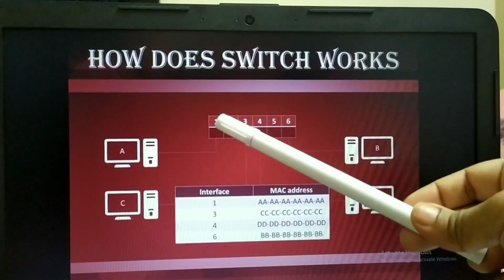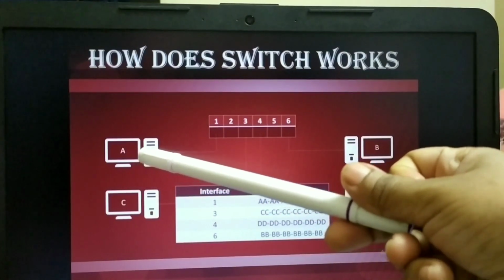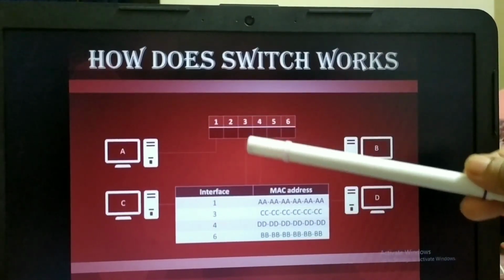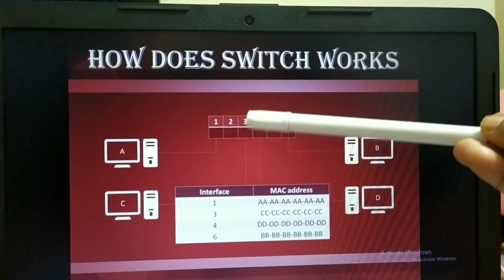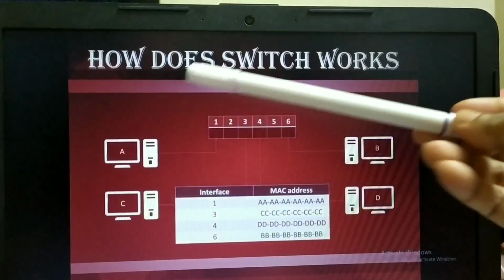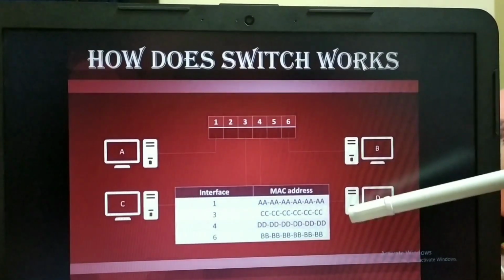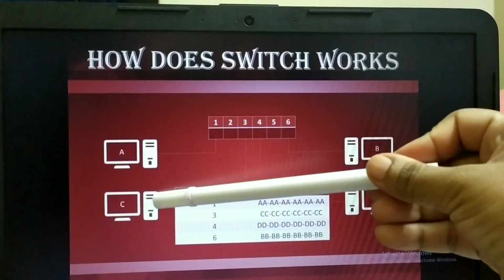If I send data from number 1 computer to A, then 2, or if I skip 2, okay fine, number 3 is connected with C, then the computer's information or data will go to C only, not to other computers. All the others will reject it, only computer C will receive.